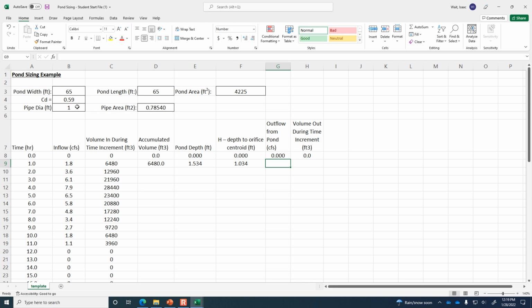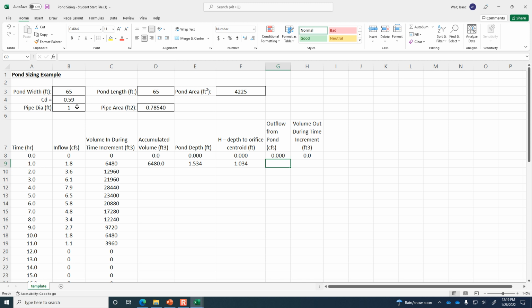Okay? What's the formula we use for the outflow from this pond? What's the equation that governs flow out through this pond? Q equals C_d times area times square root of 2gH. That's right. That's the formula.